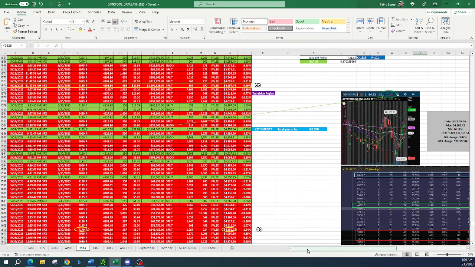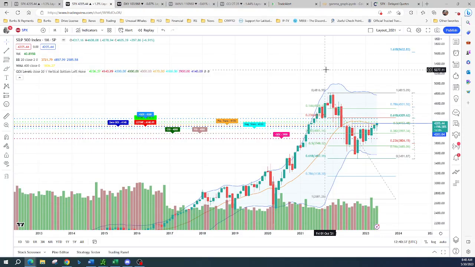Now let me put, to preview the future, that's totally difficult, right? I'm still seeing people being accepting, but they didn't buy the bottom, and they're supposed to be liquidated.